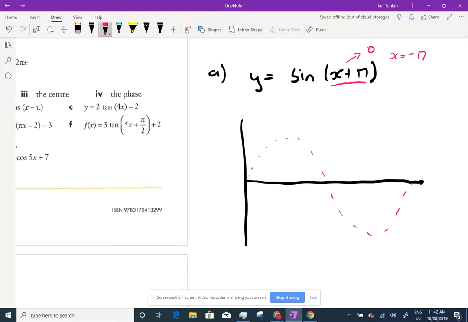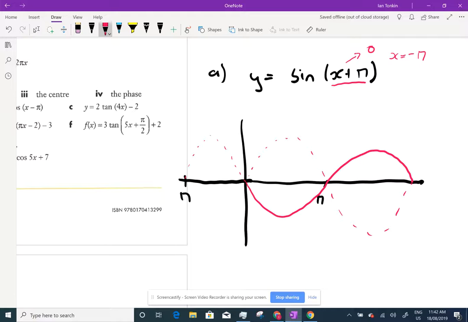So if I go in here, pi's there, and that's pi. If I've moved it that far, it'll be going here, and then it starts. So you shifted it back to the left.